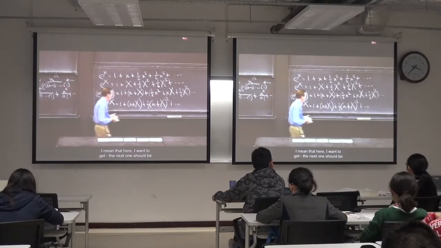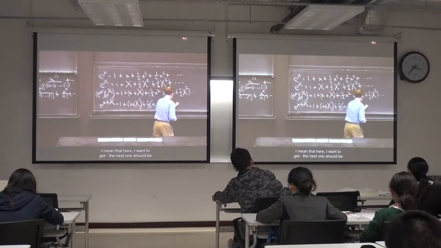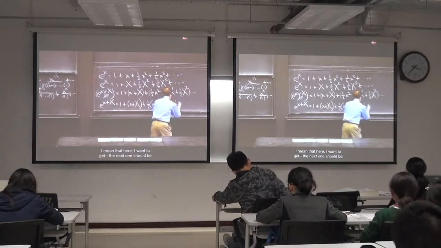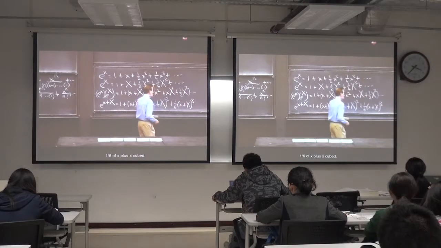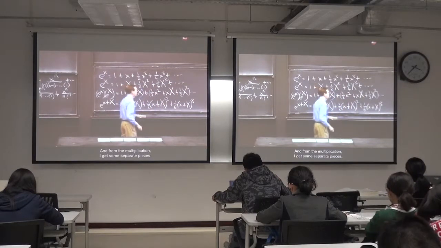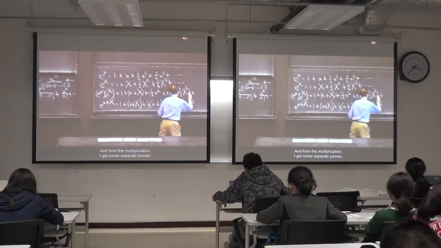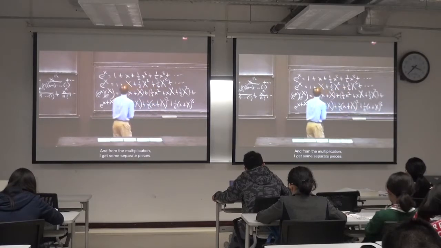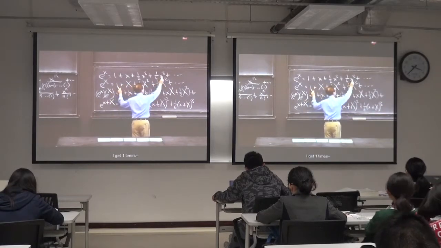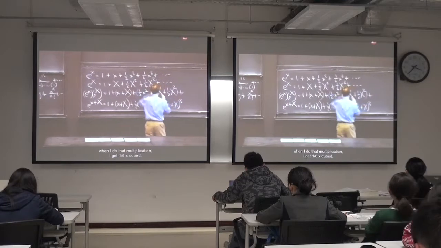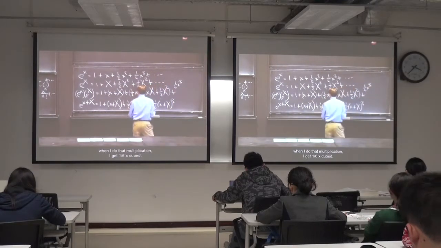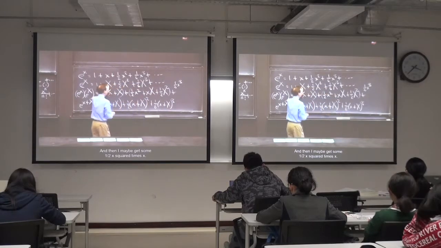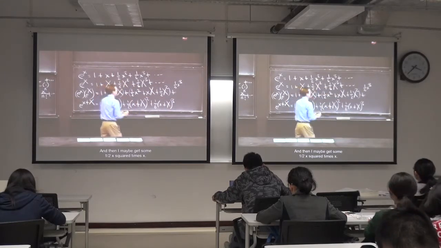I mean that here the next one should be 1/6 of x plus X cubed. And from the multiplication, I get some separate pieces. I get 1 times this, and when I do that multiplication, I get 1/6 x cubed. And then I maybe get some 1/2 x squared times X.